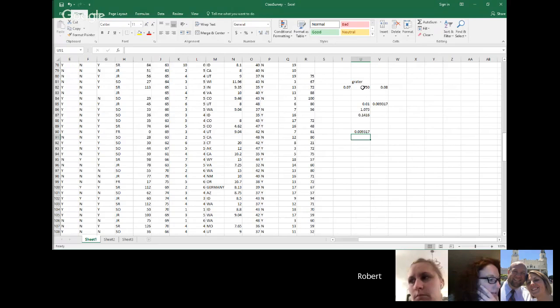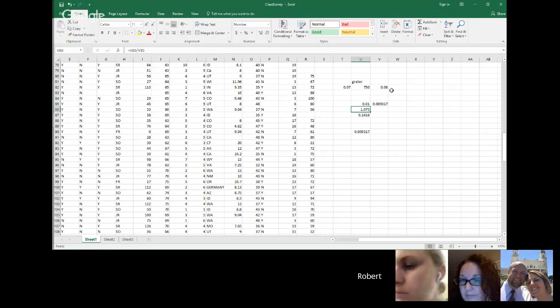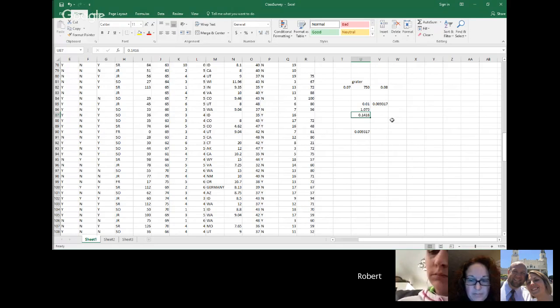Yes. And then the top part of the z-score is the simple part. It's just the 0.08 that we're trying to figure out minus the 0.07. So you get 0.01. Then you just divide the 0.01 by the 0.009317, and you get 1.073.